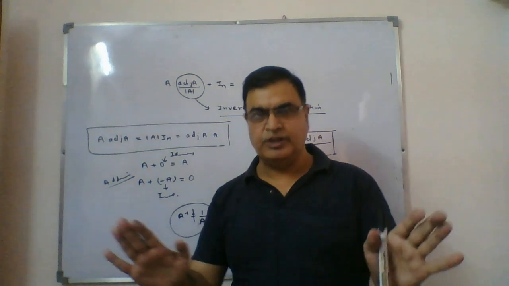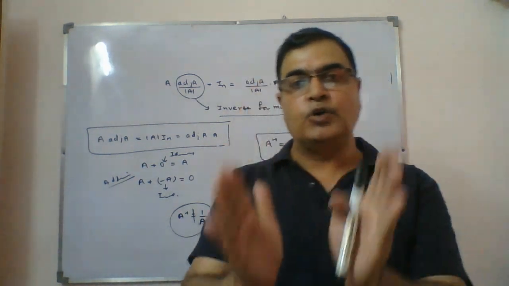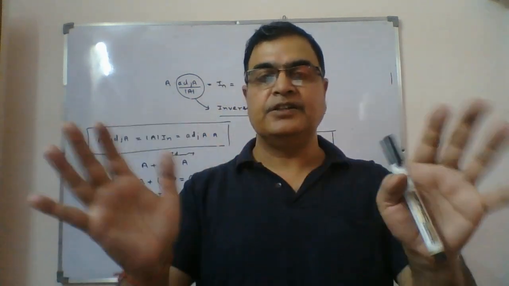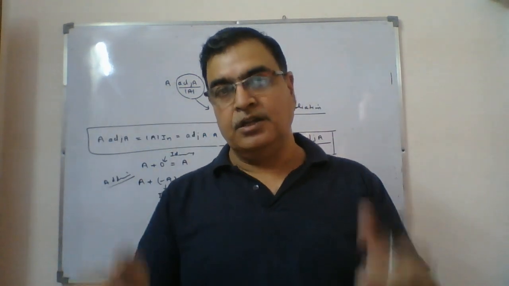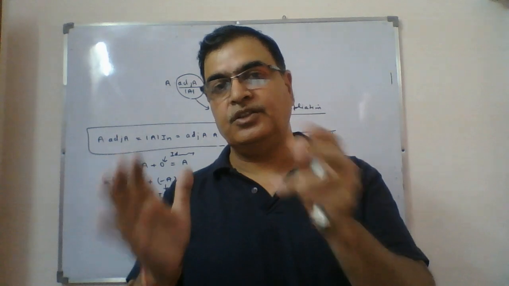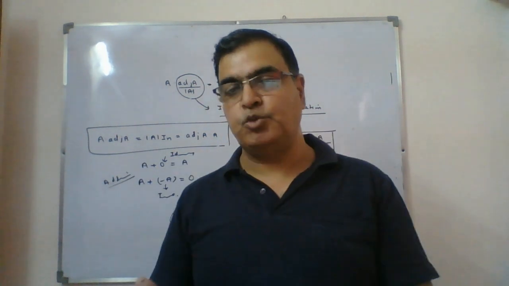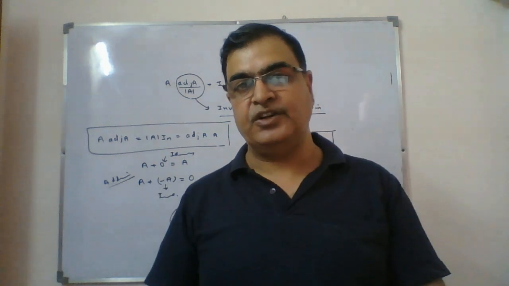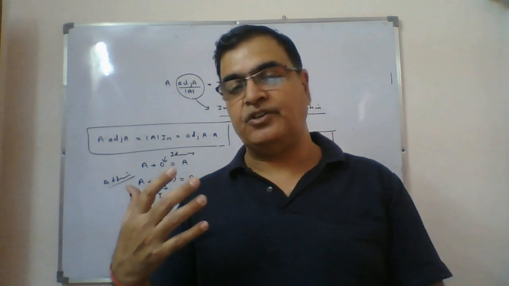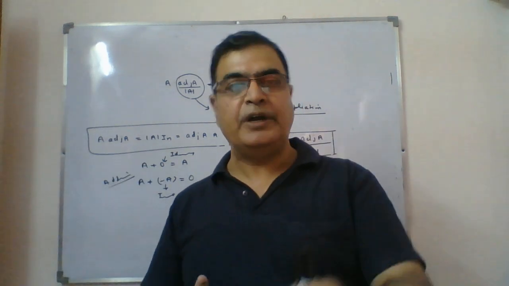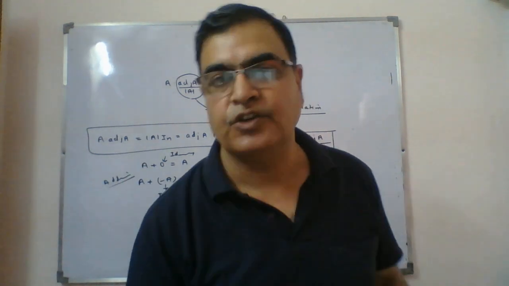Properties and everything we'll do later, but first you should know how to calculate the inverse and the adjoint. These are the things you should make clear. Just do the questions, then things will be okay. Practice maximum questions, find the cofactor matrix, the adjoint matrix, then find the inverse. Do these questions 2 by 2 and 3 by 3 also, and you will get your answer.